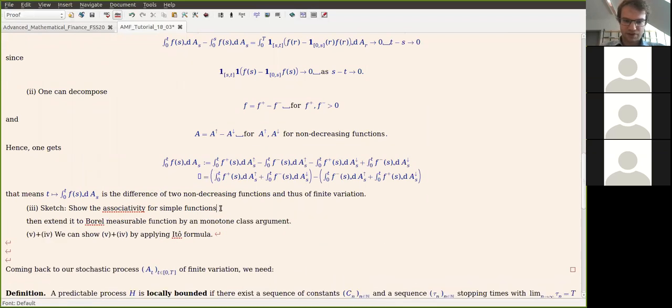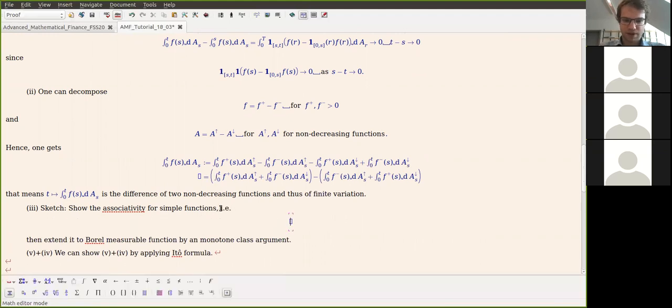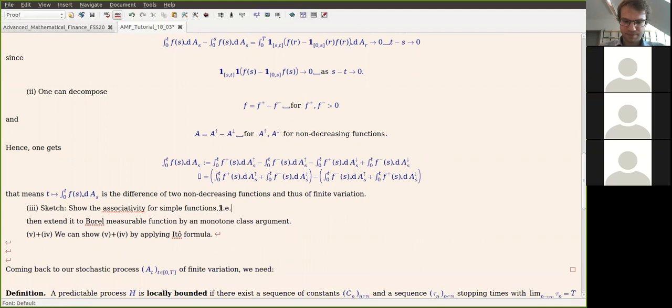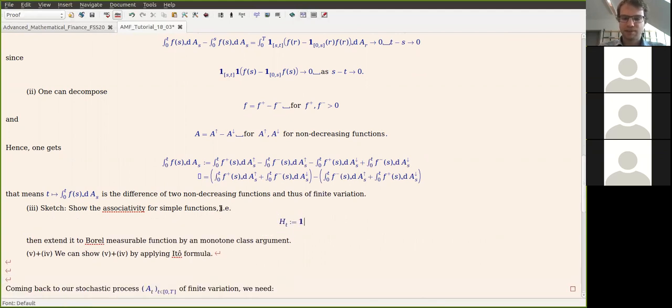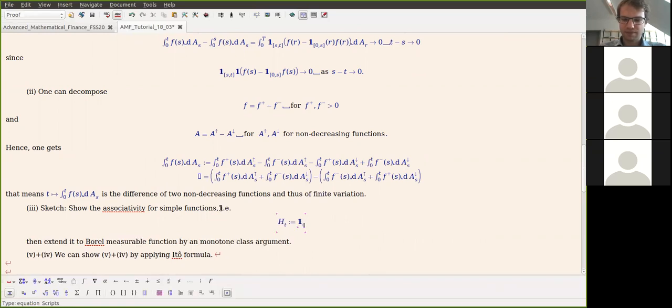So functions which basically look like, so h is equal to, let's make it as simple as possible, an indicator function. Right?